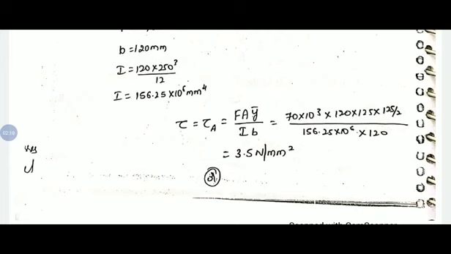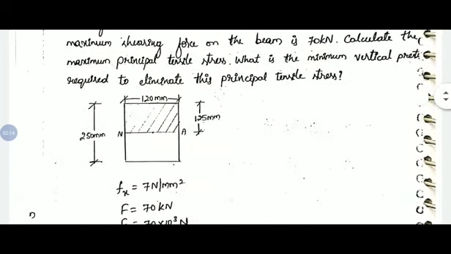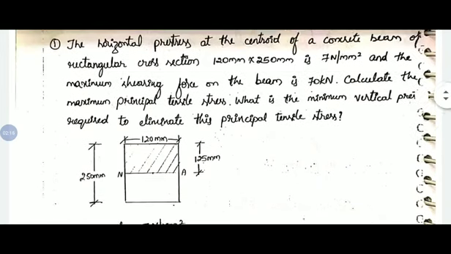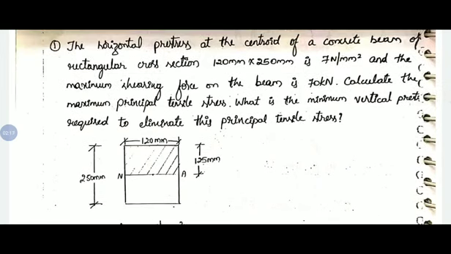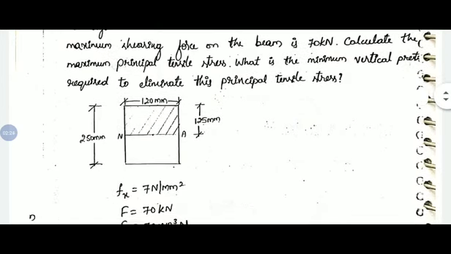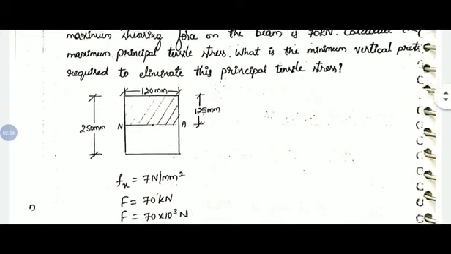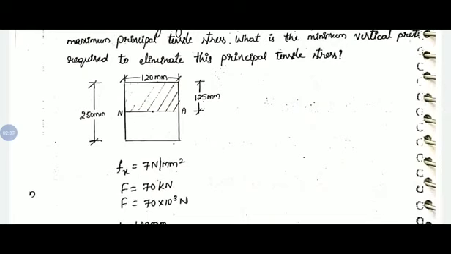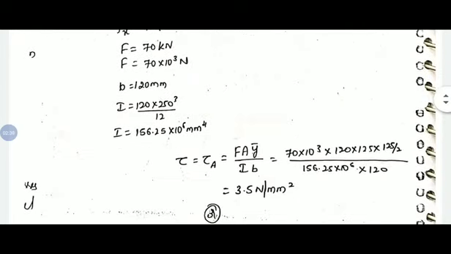For A, remember here we are calculating with respect to the centroidal axis or neutral axis. You are applying pre-stressing force at the centroid. So when you apply pre-stressing force, the tensile stresses will develop at the top half portion of the section. So we are considering only this hatched portion for the calculation of tau value.